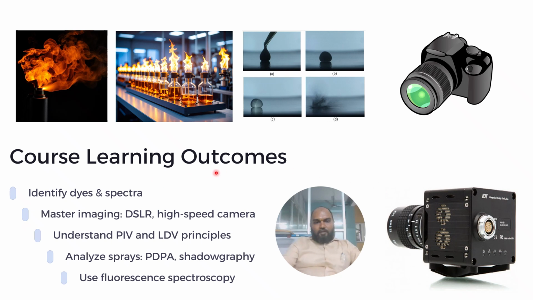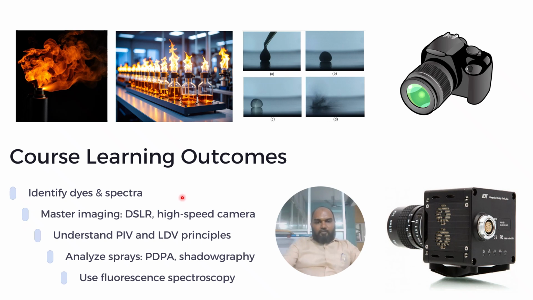Now the typical course learning outcomes. A candidate who enrolls in and successfully completes the course will be able to identify these dyes and how to use them in various types of flows, and the spectra from them.